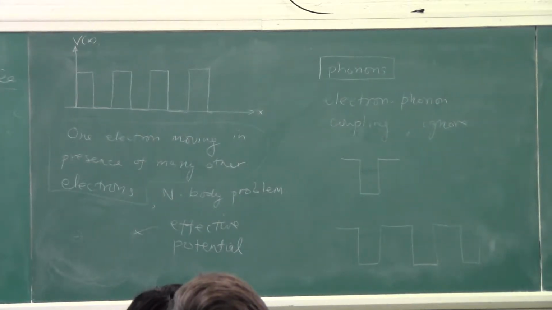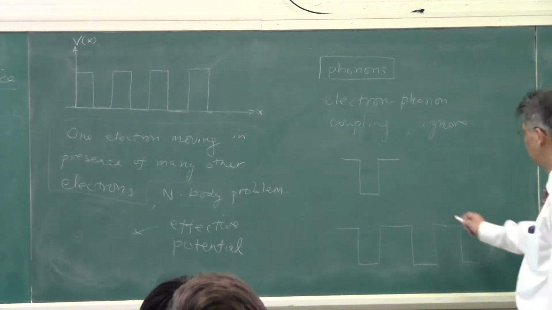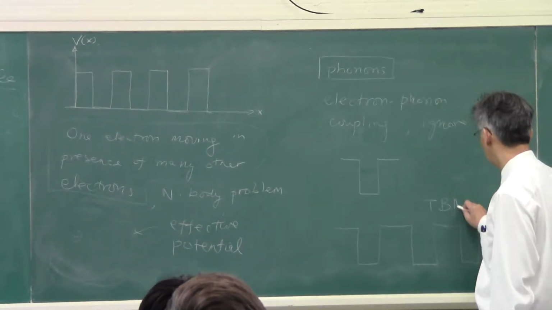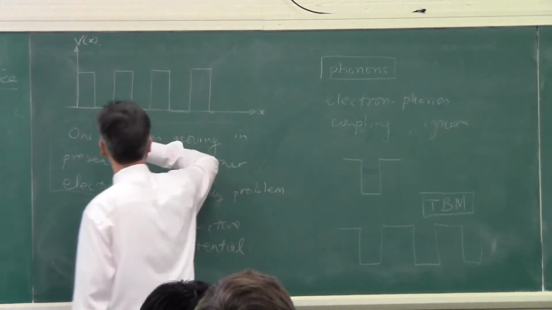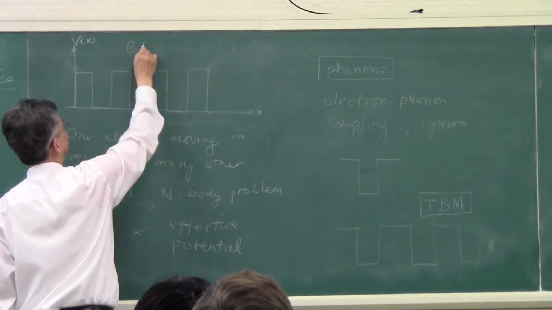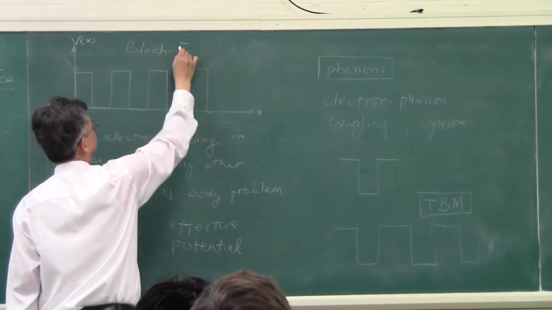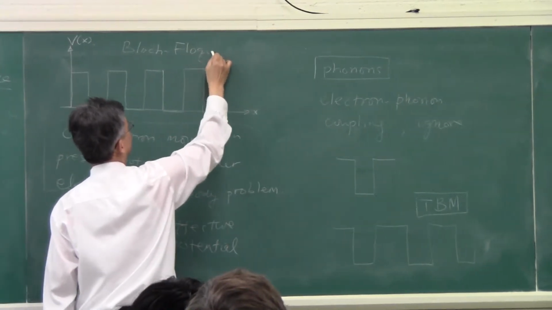Okay? So let's do this very simple problem. This is the tight binding model, TBM. This is the periodic potential model. This is usually called or studied by what is known as the Bloch theorem.